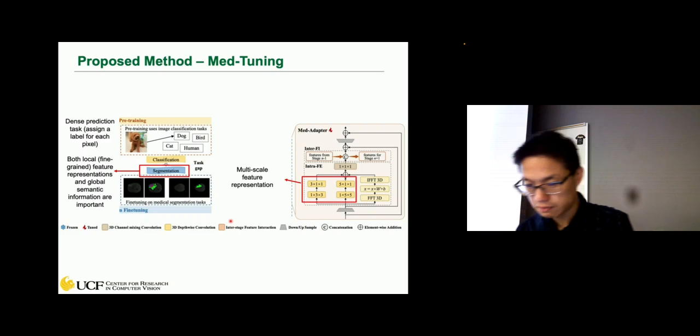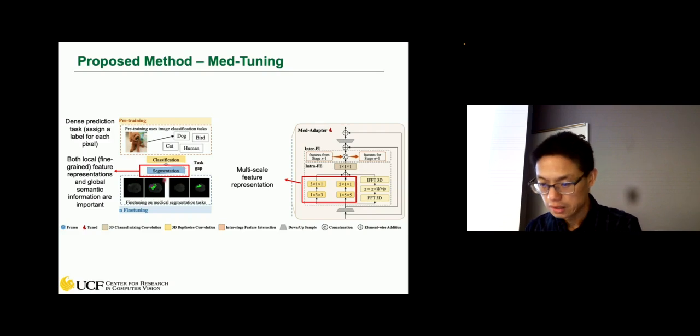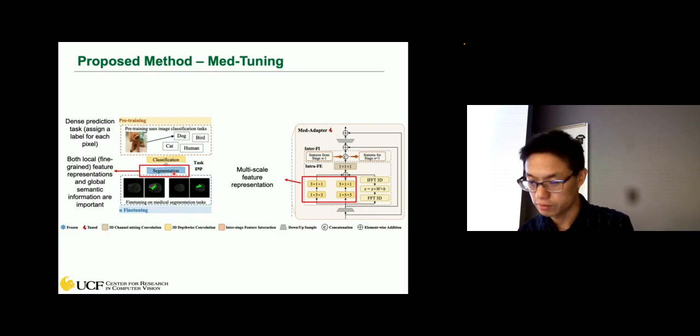Another challenge is the task gap, right? The pre-training is classification, and the task we want to do is segmentation. As we know, in segmentation, both the global and the fine-grained local details are very important, especially for these tumors.